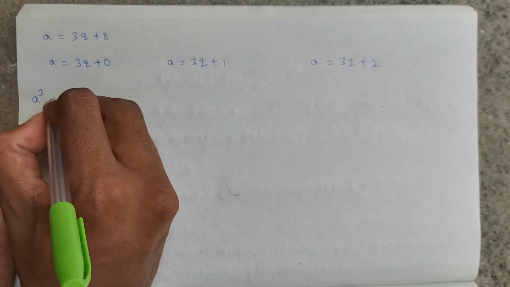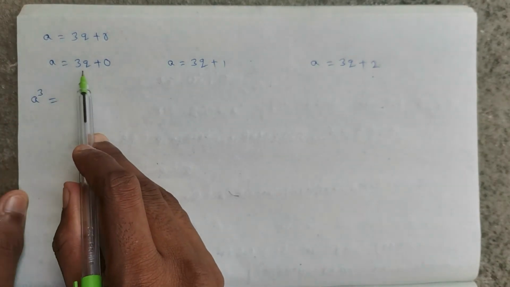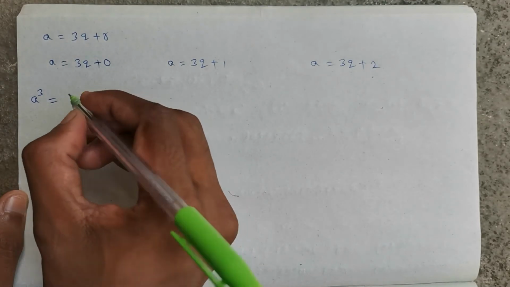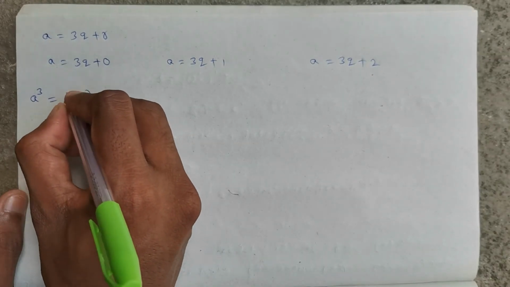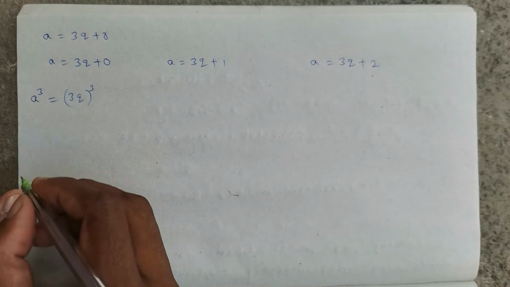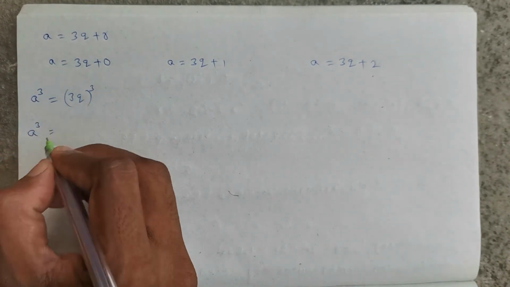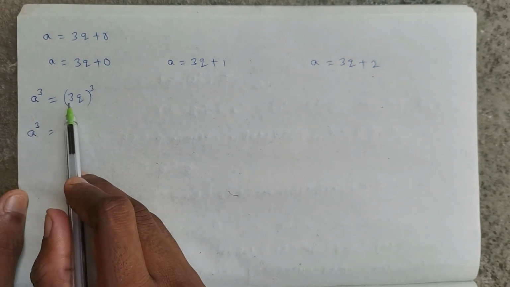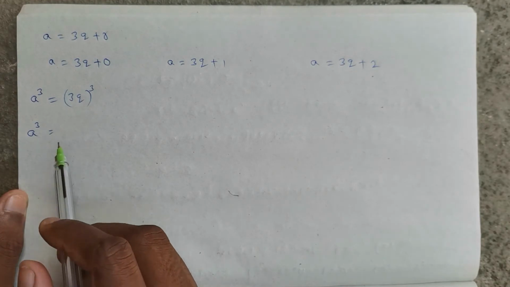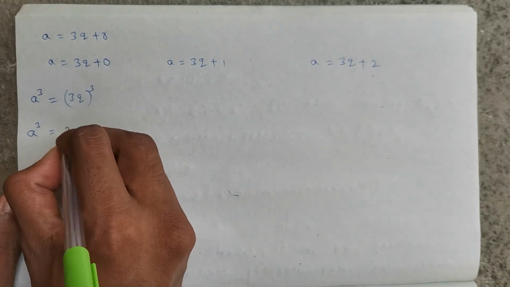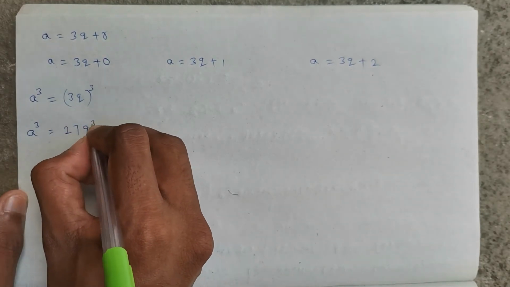a cube equals (3q plus 0), which is nothing but 3q whole power 3. So a cube equals 3q whole power 3, 3 cube 27, q power 3.